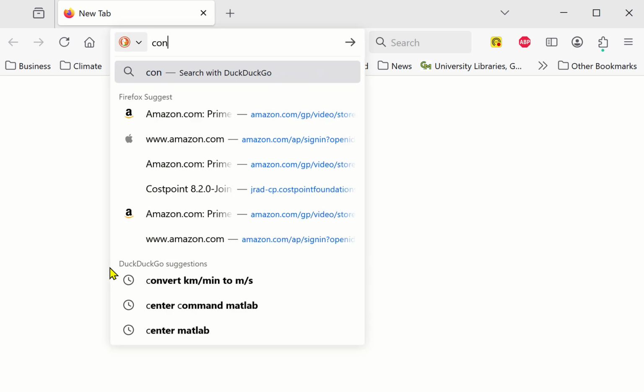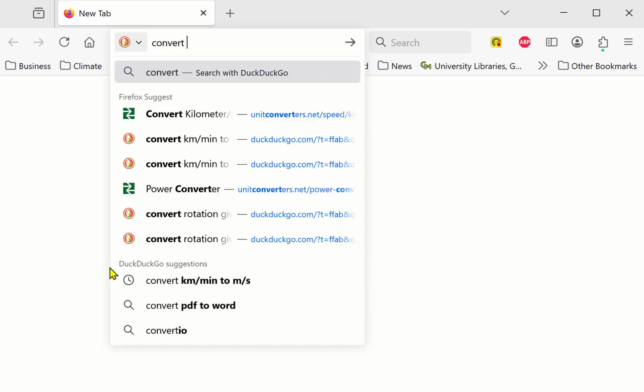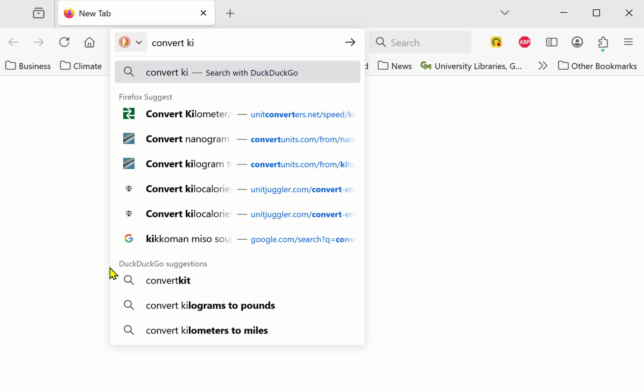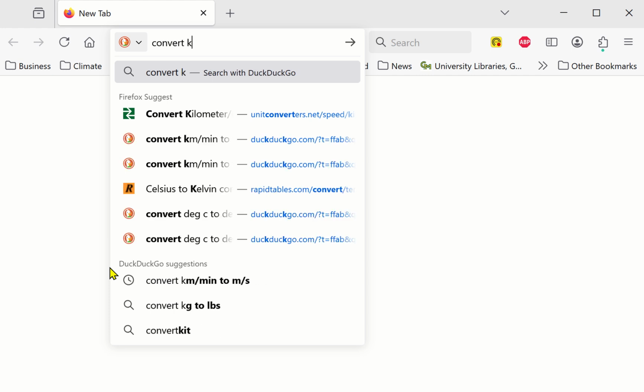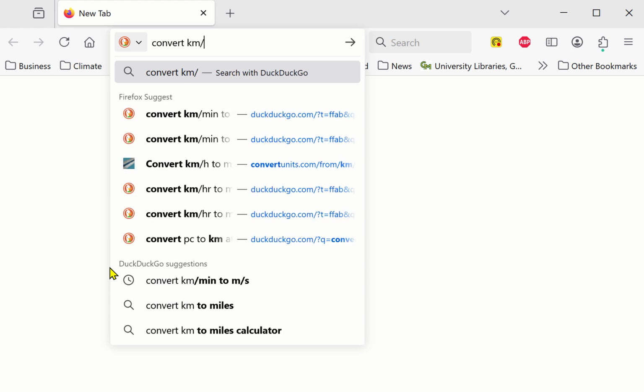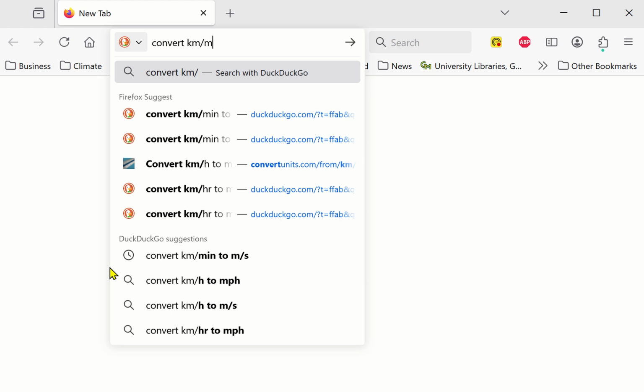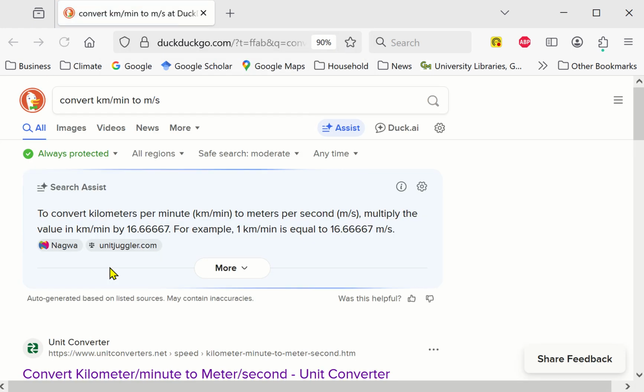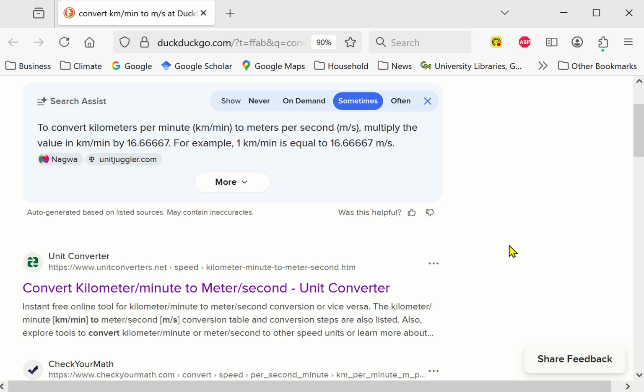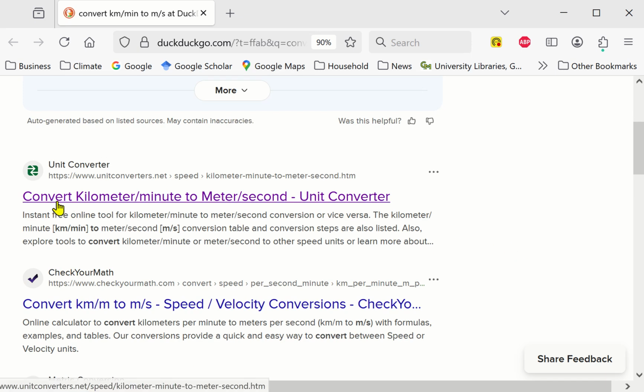You go to any internet browser and say, I want to convert kilometers per minute to meters per second. Do a search, and of course now it always throws an AI at you, but there are also simple tools online that convert whatever you want.